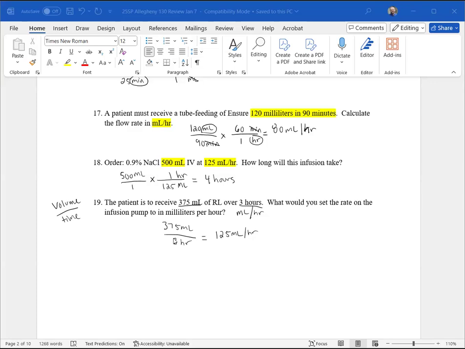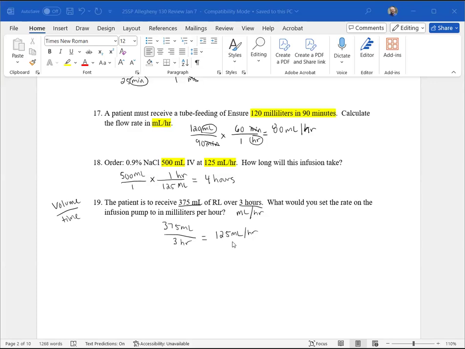You put the 375 milliliters over the 3 hours, so 375 divided by 3, and you get a final answer of 125 ml per hour. If that was 500 milliliters over 2 hours, or 250 milliliters over 1 hour, you're going to do the same thing.